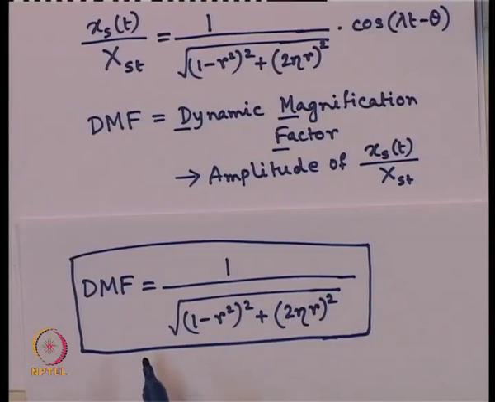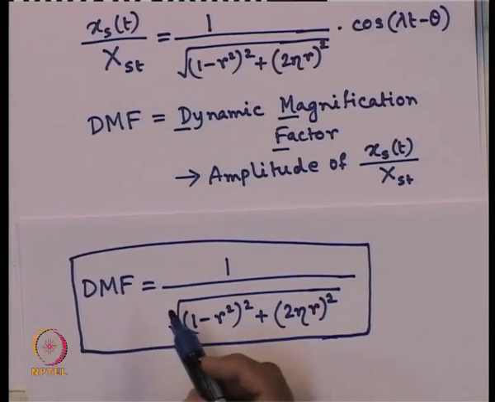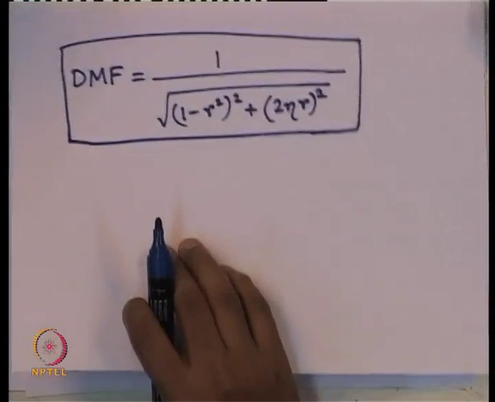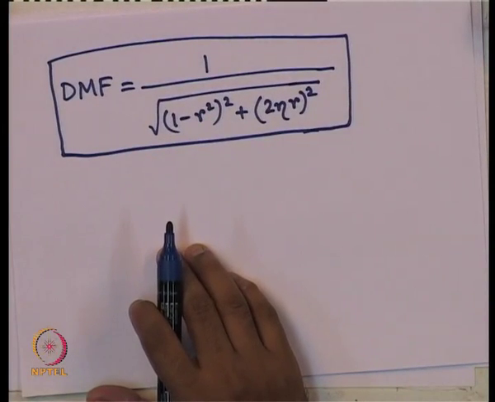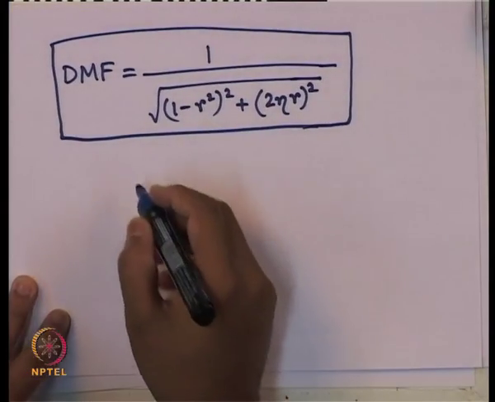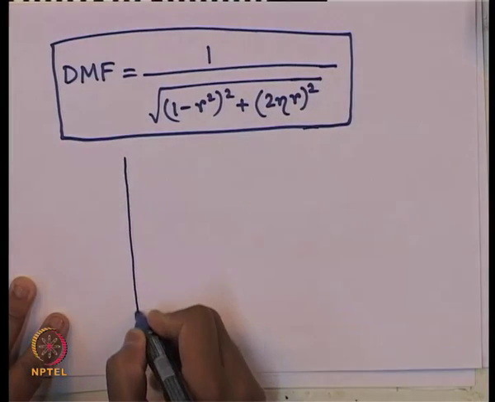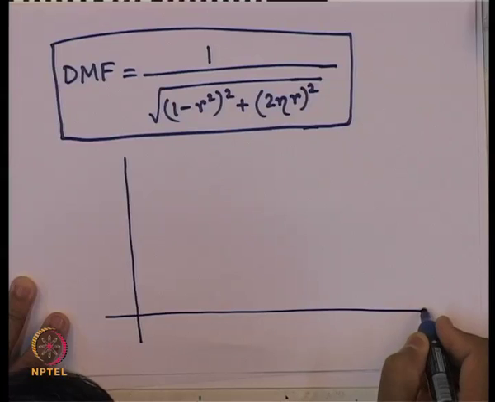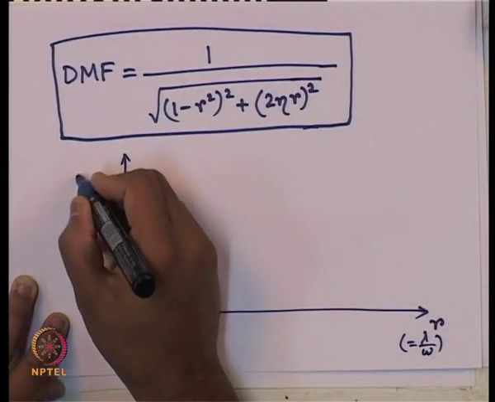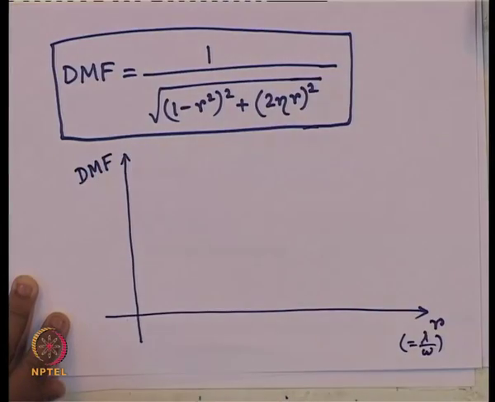So, if it is very important, let us see the response or variation of this DMF with respect to the variation of different parameters like r and eta. So, let us plot the variation of DMF with respect to r and see how it looks like. So, x axis I am using r, which is nothing but our frequency ratio lambda by omega, and the y axis I am plotting dynamic magnification factor DMF.